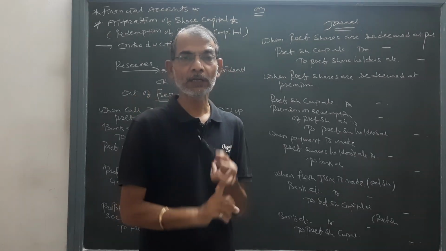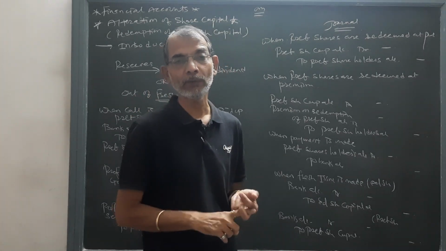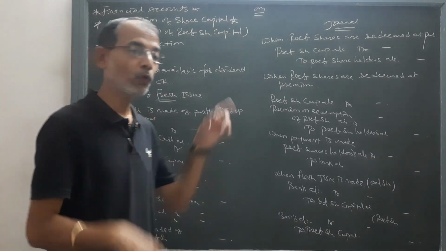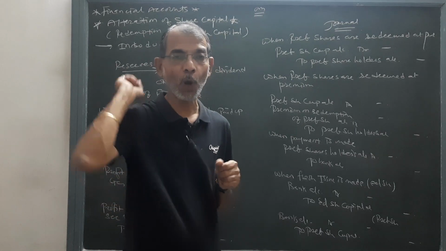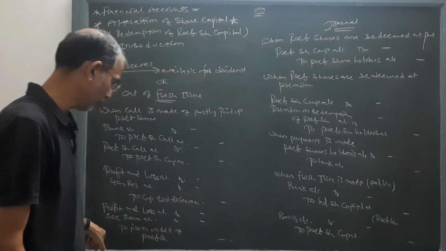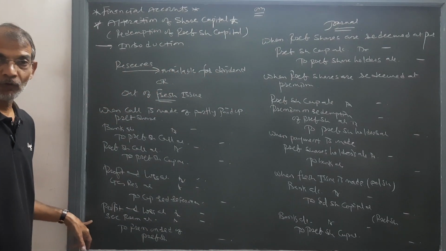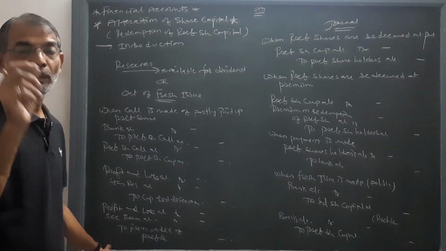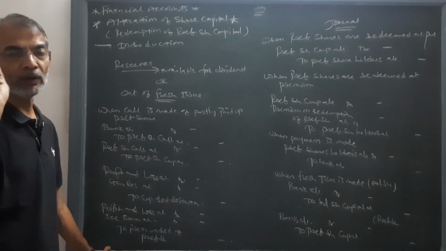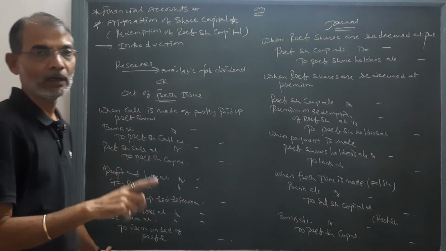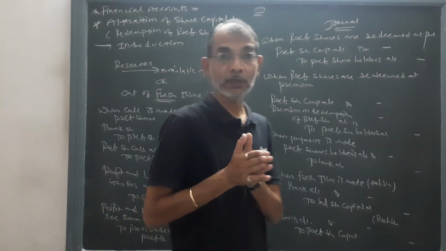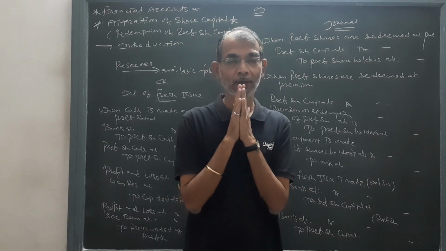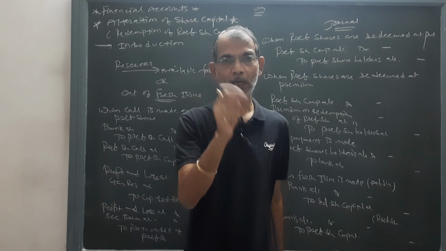If there isn't any balance of securities premium, then profit and loss account will be used to close the premium on redemption of preference shares account, and that will be profit and loss account debit or securities premium account debit to premium on redemption of preference share capital. Now these are the journals which are needed to be written when a question is asked.